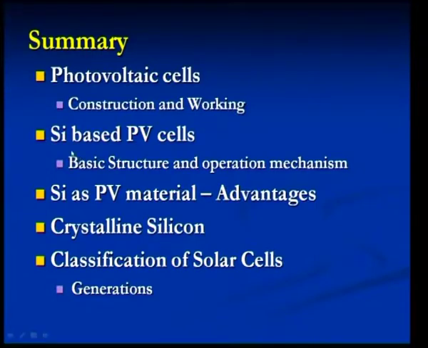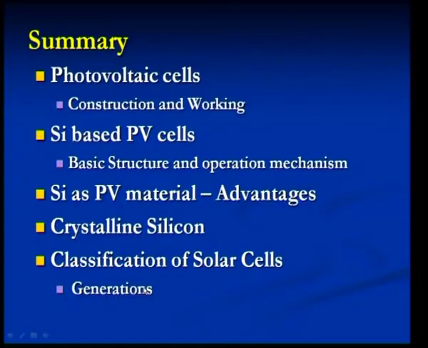Then we moved on to specifically the silicon based PV cells, its basic structure, and the operating mechanisms were discussed, and the advantages of using silicon as the photovoltaic material for the construction of the photovoltaic cell were discussed in detail. Then the specific advantages and the different forms of crystalline silicon were seen, how they are advantageous in forming your photovoltaic cell, and finally we touched upon the classification of solar cells based on their development, that is based on their generation, first, second and third generation.